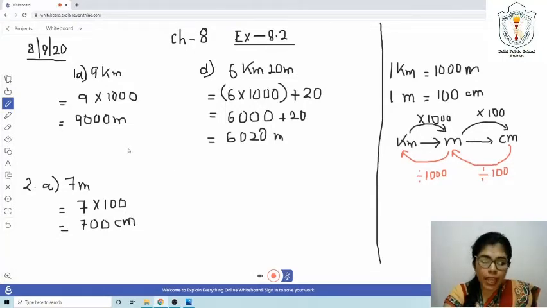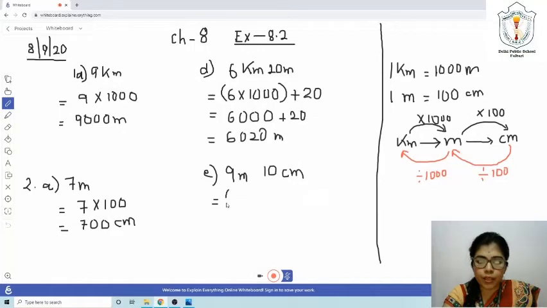Now A is done. B, C, D are similar. Now I'll show you one more, that is E. 9 meter and 10 centimeter. So how do we do that? Very simple. First we will convert this 9 meter.